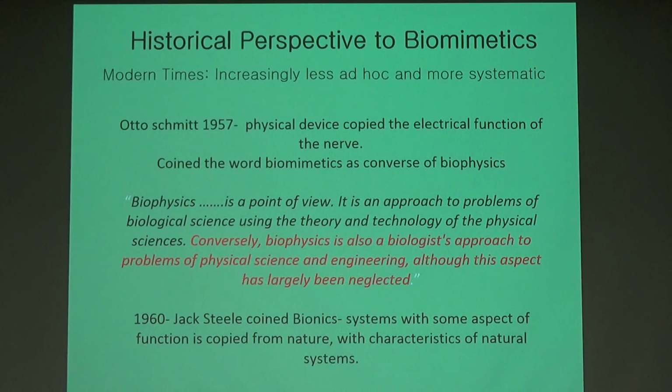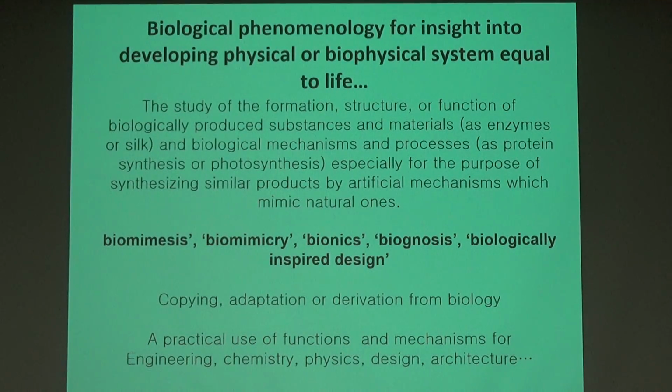He wanted to try and reverse that, and conversely, biophysics could also be a biologist's approach to problems of physical science and engineering. As he said, that was neglected at the time. So that's when the modern ideas of biomimetic science came about.